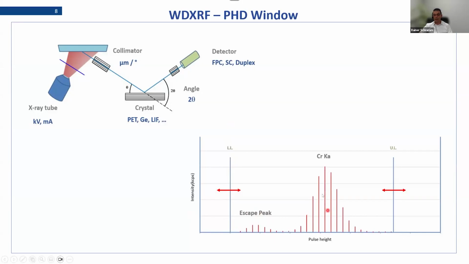We want that when this picture is moving a little bit from the left to the right, everything is still collected inside the limits. And this is why you have to make sure that the lower limit and upper limit are really set in a way that the whole picture is still collected.